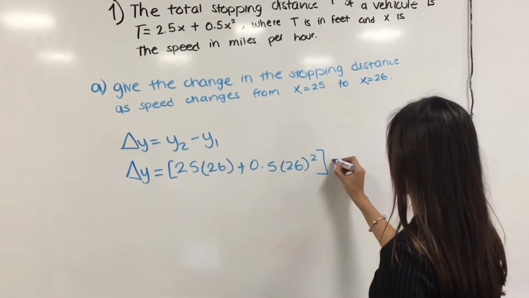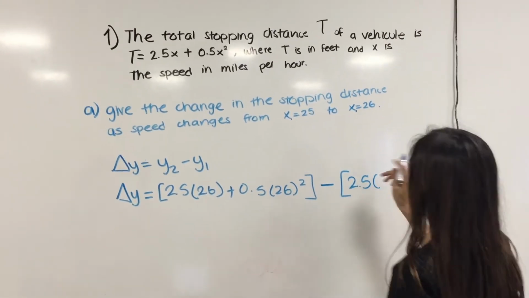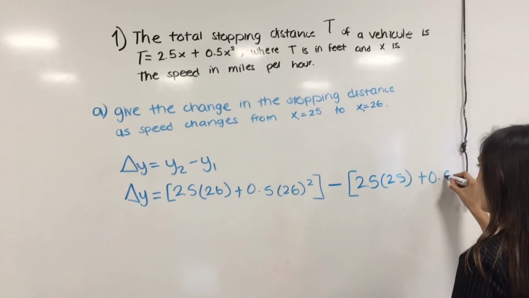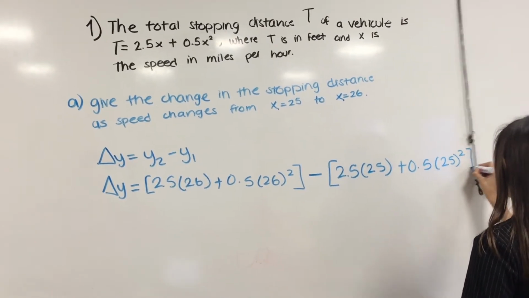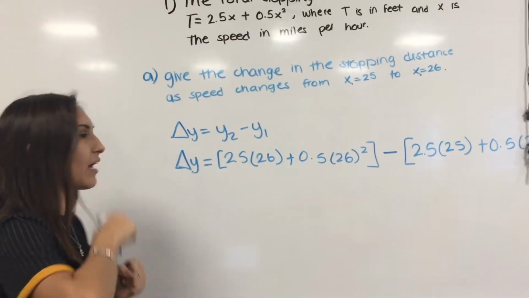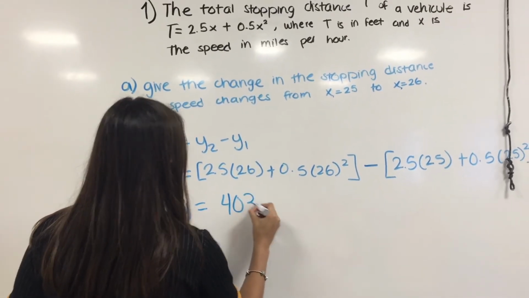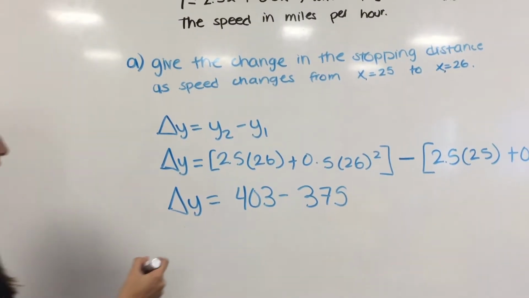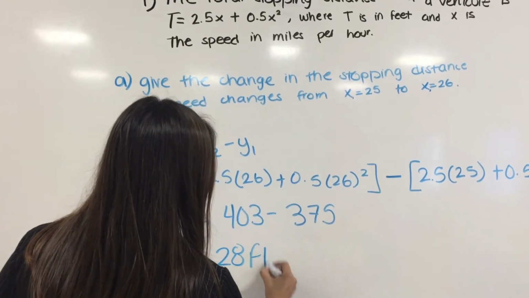Then minus 2.5 times your first x, which is 25, plus 0.5 times 25 squared. Then you plug in your equations in the calculator and you will get increment in y equals to 403 minus 375. And the result will give you increment in y equals to 28 feet.